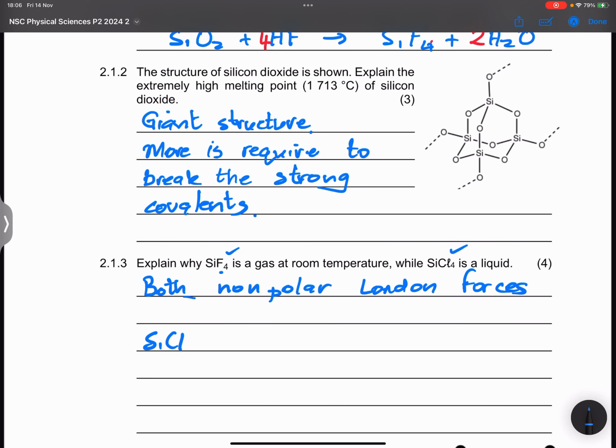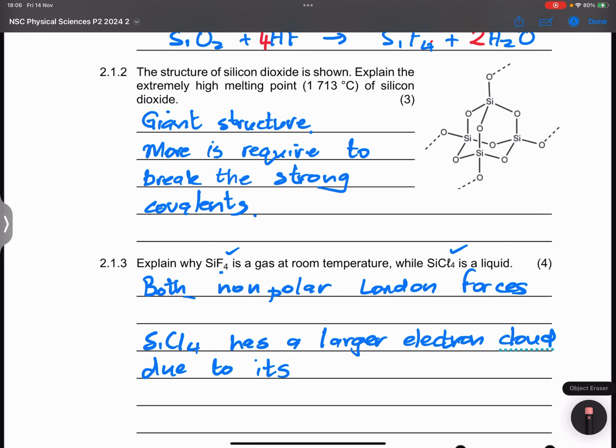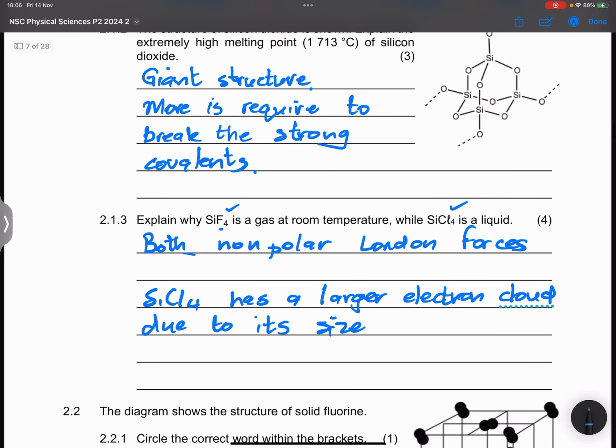So silicon chloride has a larger electron cloud due to its size, and therefore it will form more temporary dipoles in that case.